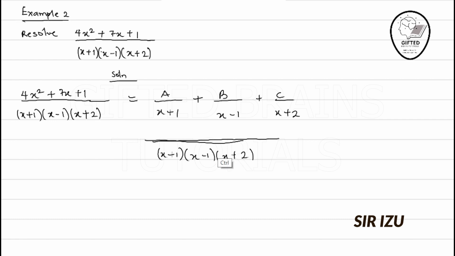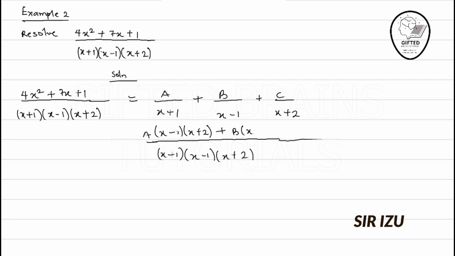Okay, so that's about that. And then the next thing I will do now is to say x plus 1 goes to the denominator, will give me x minus 1, x plus 2 times a. Then plus x minus 1 goes to the denominator, will give me x plus 1, x plus 2 times b.